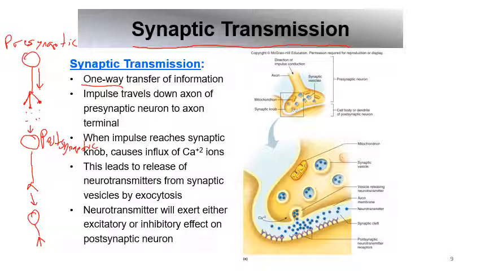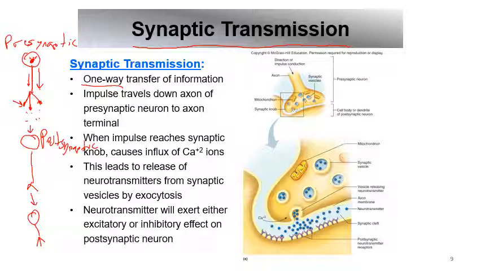And let me also just review this. The Nissl bodies, the rough ER in the cell body, this is where the neurotransmitters are made. Neurotransmitters also need to travel down the axon, and then they go and wait in the synaptic knobs. Okay, so they're made in the Nissl bodies, they're stored in the synaptic knobs, and so when the electrical signal comes to the synaptic knobs, then the synaptic knobs release the neurotransmitters.